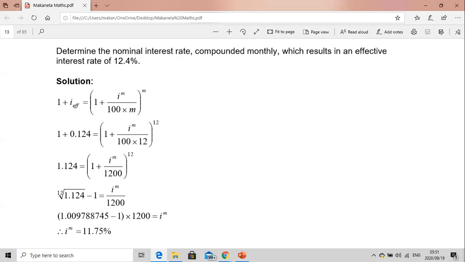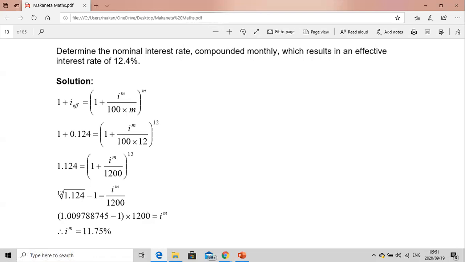Whatever you do in the right-hand side must also be done in the left-hand side. So basically, you'll have the 12th root of 1.124 minus 1. And this is equal to I to the power of m divided by 1,200.